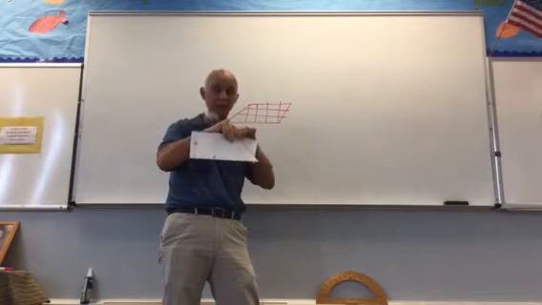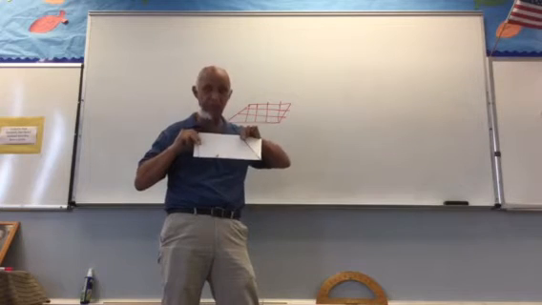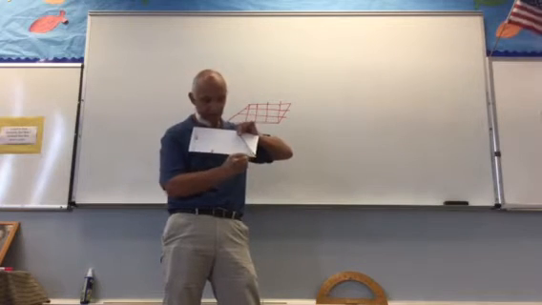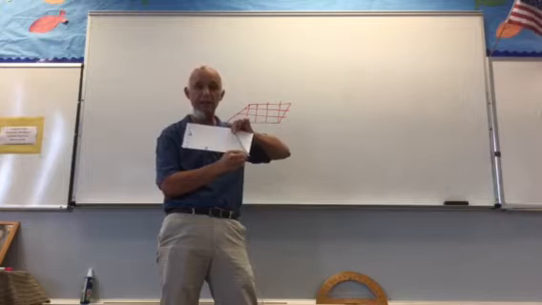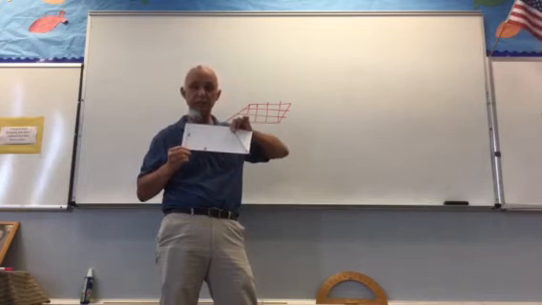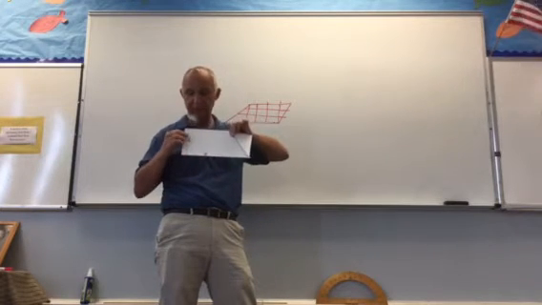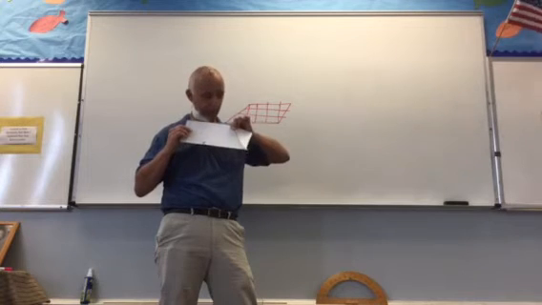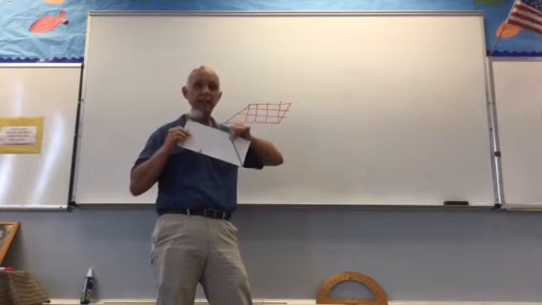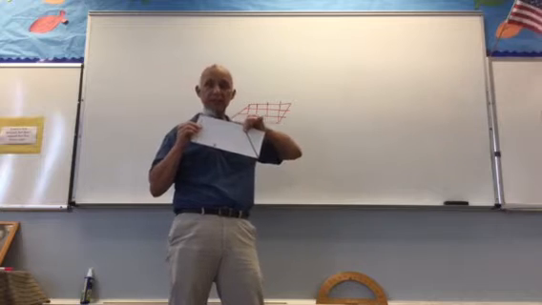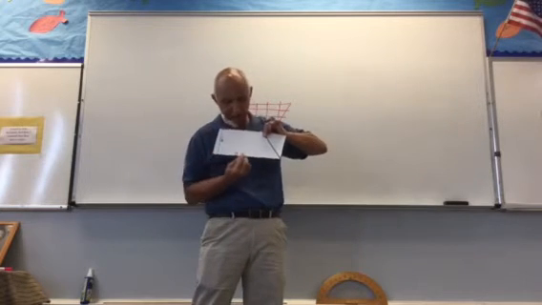And if you remember, the area of a rectangle is length times width. Except now, the length of this thing is the base of the parallelogram, and the width of this thing is the height of the parallelogram. So instead of saying that the area of a parallelogram is length times width, it's actually base times height.